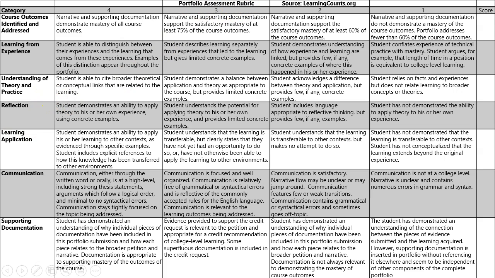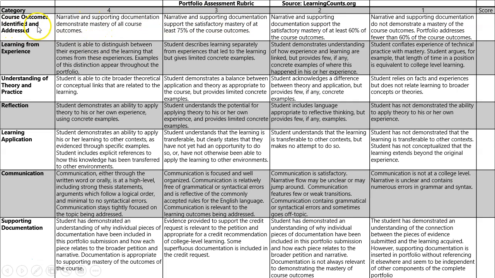Now, this can look very busy because you have all these different columns. The column you want to focus on is the column for 4. That is essentially getting an A. And in some categories, if you don't have a 4, you're not going to get credit. So if you don't have a 4 on communication, you could probably get credit. But if I were grading this and you didn't have a 4, then I probably wouldn't grant you credit if it was in the course outcomes.